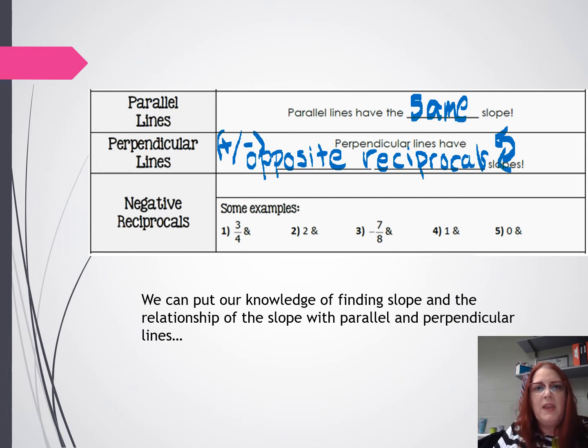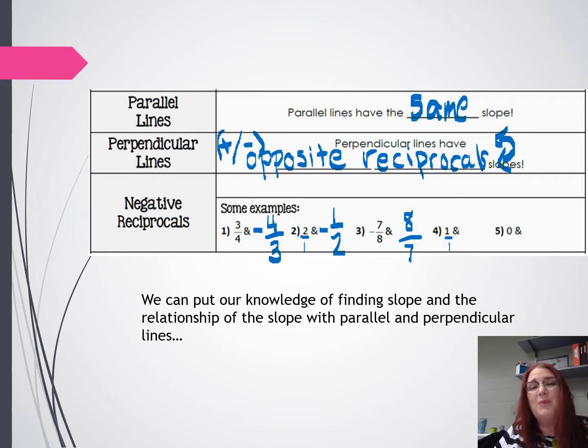So here, 3/4, the negative or opposite reciprocal: since this is positive, it will be negative, and then I'm going to flip it, 4 over 3. 2, remember that's over 1, right? So I'm going to make it negative, and flip it, and it's going to be negative 1/2. Negative 7/8, I'm going to make that positive, and then it's going to be 8 over 7. 1, keep in mind that's over 1.